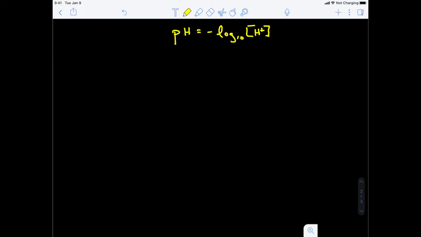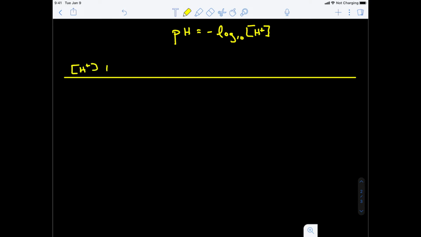So let's start by making a table. On this table we're going to represent the hydrogen ion concentration in a couple different ways. So we'll start with the hydrogen ion concentration in this column. And then we're going to represent the hydrogen ion concentration, same number, but as a fraction.